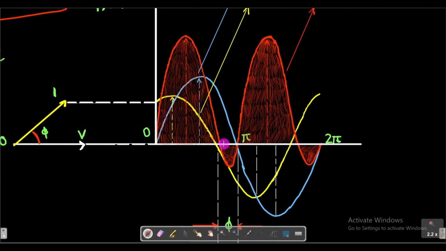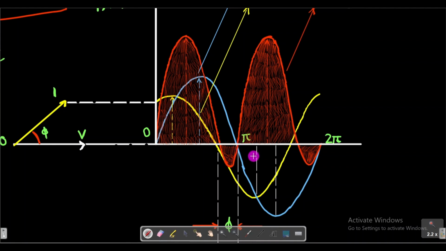Why is this negative? Because in this position the current I is below this line, which is negative. If the current is negative and in this region the voltage is positive, multiplying this negative with this positive gives us a negative value. So the resultant power is negative in this region.